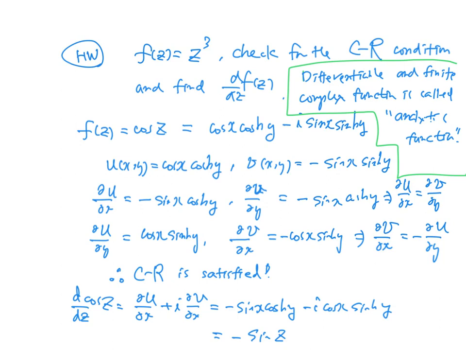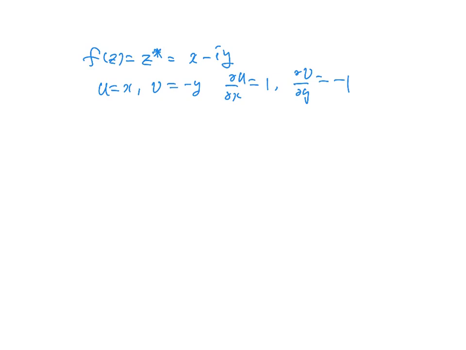If I have f(z) equal to z-bar, the complex conjugate of z, so u is x, v is minus y. So partial u partial x is 1, partial v partial y is minus 1. So this function is not differentiable.